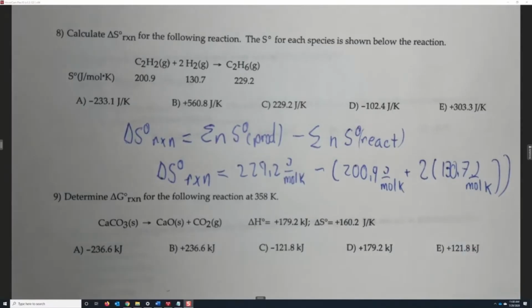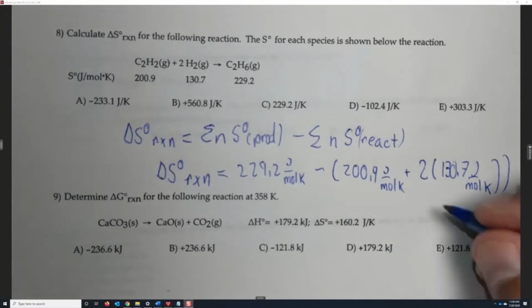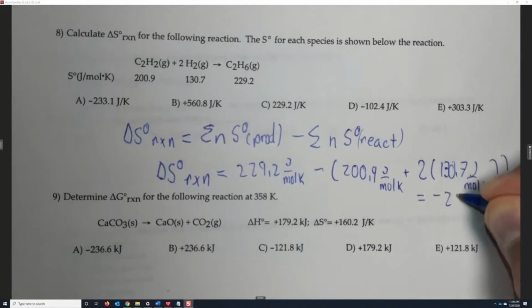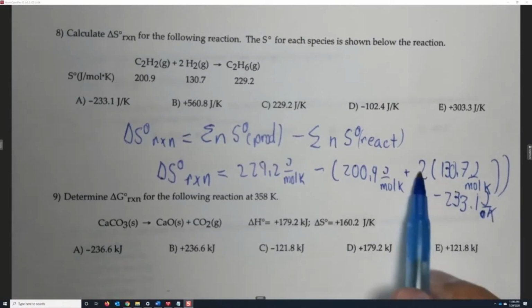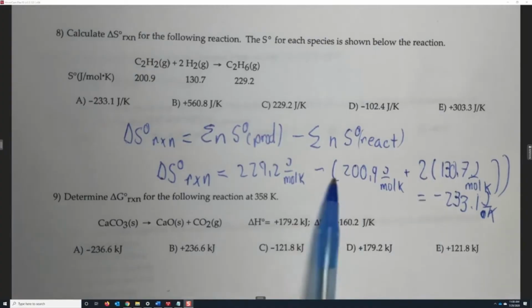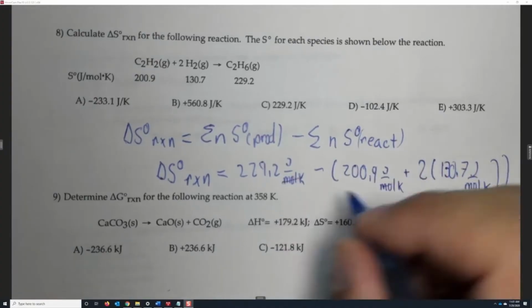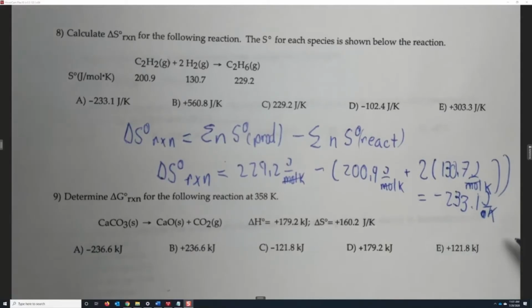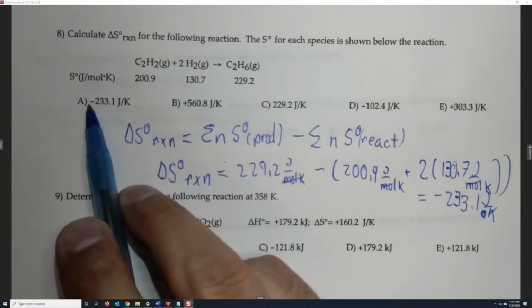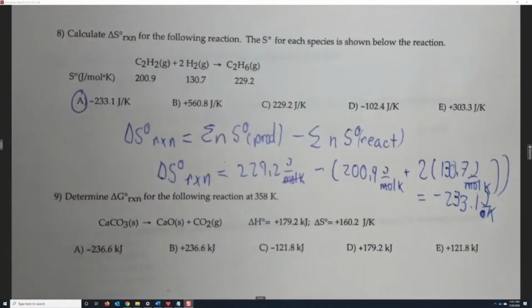When we do this math, we find that it is minus 233.1 joules per K. Since this is 2 moles, technically we don't need the moles here because we multiplied this by 1 mole and we multiplied this by 1 mole, so I made a little bit of a mistake with the units there. All right, and that is choice letter A right here.